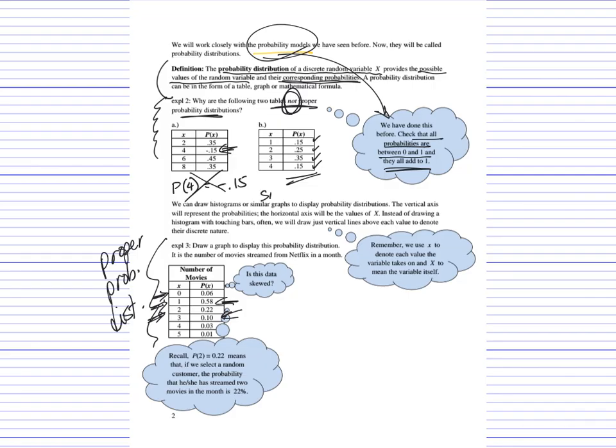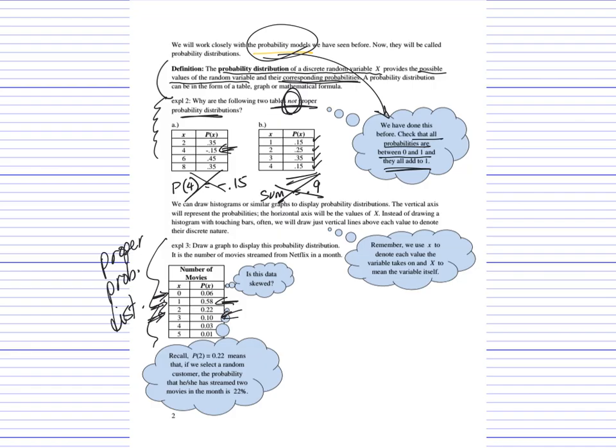So I'm not worried about that, but I noticed that the sum is actually 0.9, isn't it? And that's not equal to 1. So what that means is either they messed up the probabilities or they left out some value of x, right? If the sum of all those probabilities is not 1, then there's something else that could happen. And it's not in the table. And so this is not a proper probability distribution.